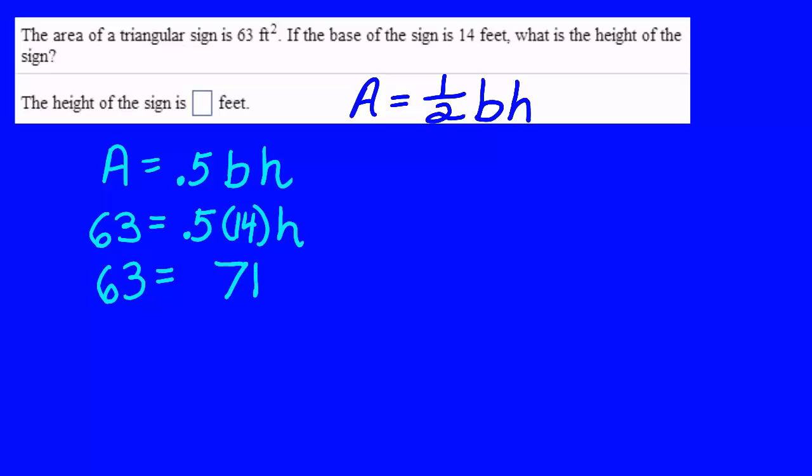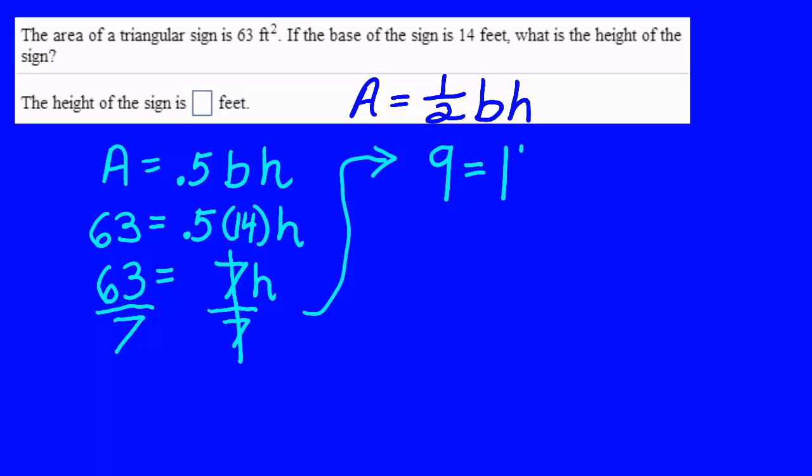To find out what h equals, I divide both sides by the coefficient of h. 63 divided by 7 is 9. 9 equals 1h, which is 9 equals h.